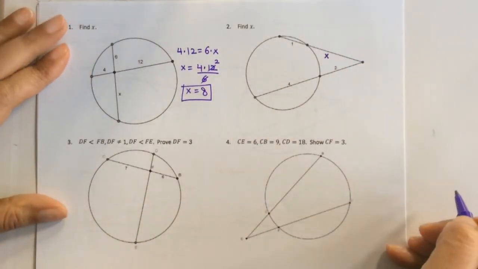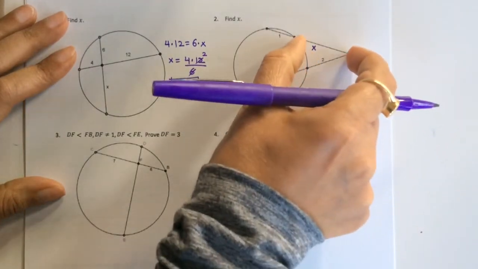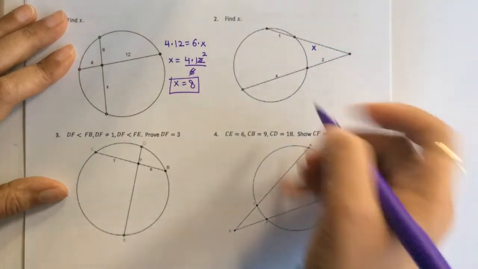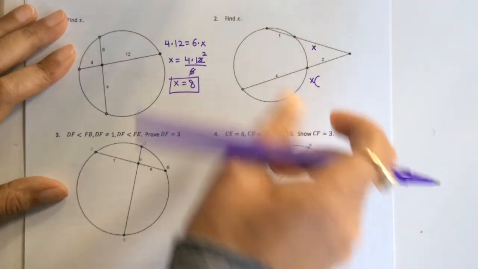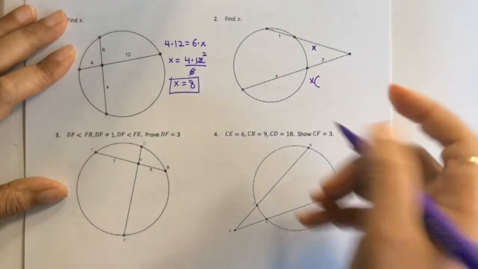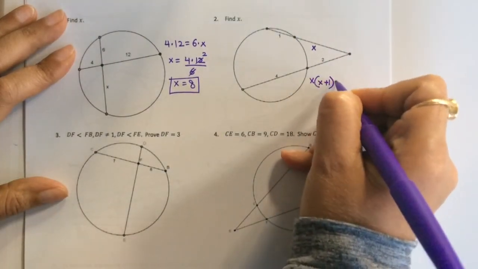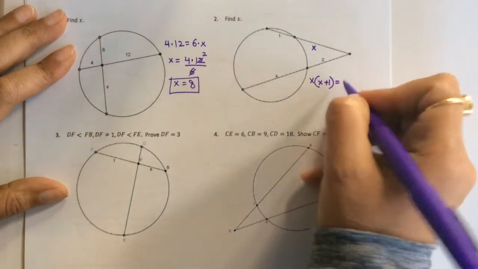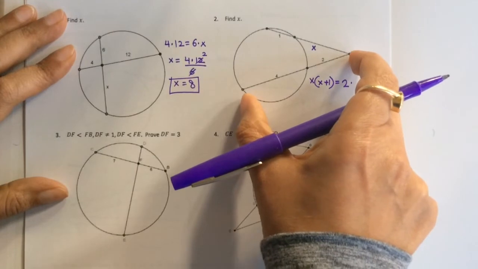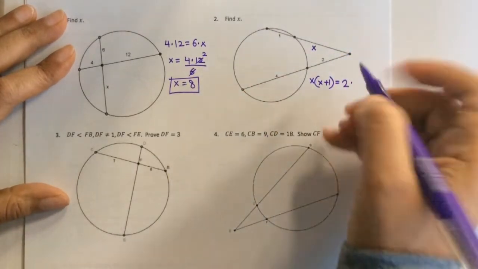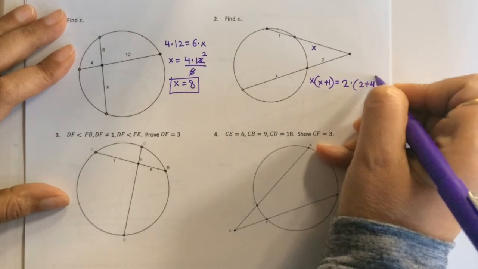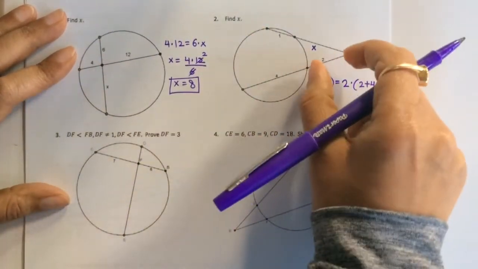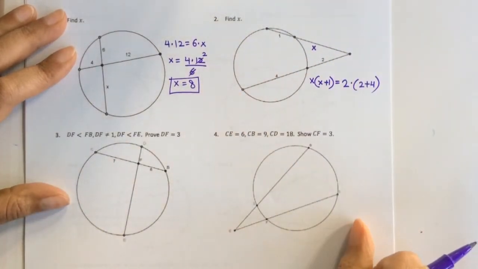And when they intersect outside the circle, I have to be careful that the length of the secant outside from the point of intersection, which in this case is x, times the entire length of the secant, which is x plus 1, should equal, again, this length from the intersection point to the circle, which is 2, times the entire length of the secant, which is 2 plus 4. The mistake people make here is they will do x times 1 equals 2 times 4, and that is incorrect.